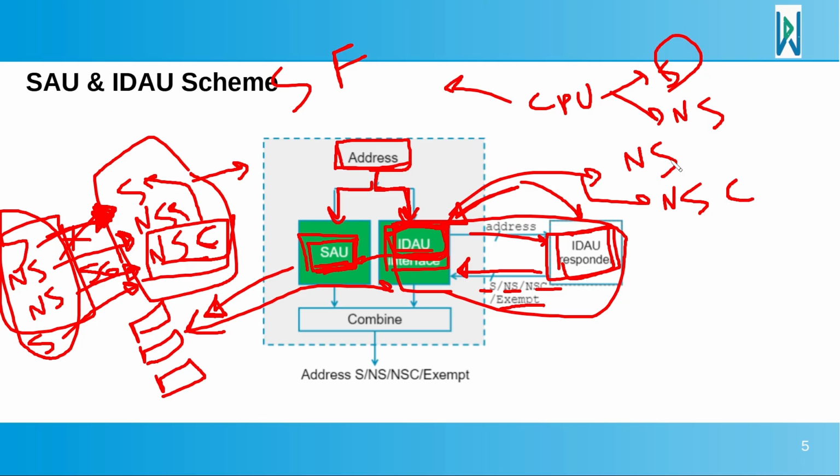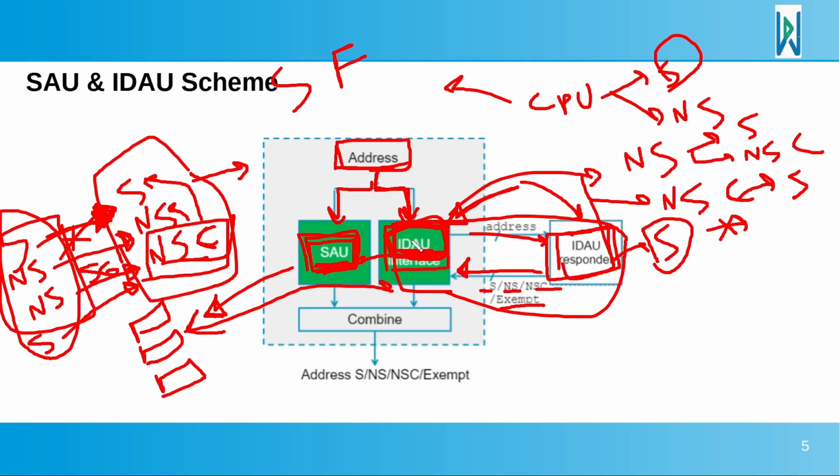For the case of non-secure, then it can override that configuration to be secure or non-secure callable. However, if the region is marked as non-secure callable by our IDAU, then it can overwrite it to be secure only. If the region is marked as secure by our IDAU, then there is no way to reconfigure this. So the SAU is forbidden from overwriting a region marked as secure by our IDAU.